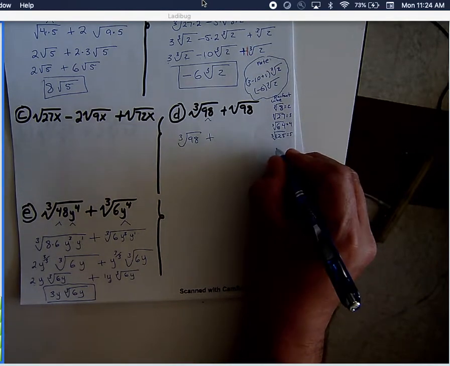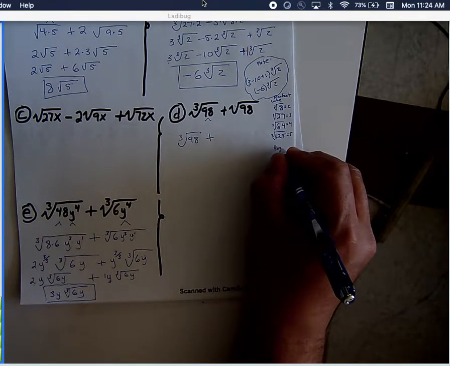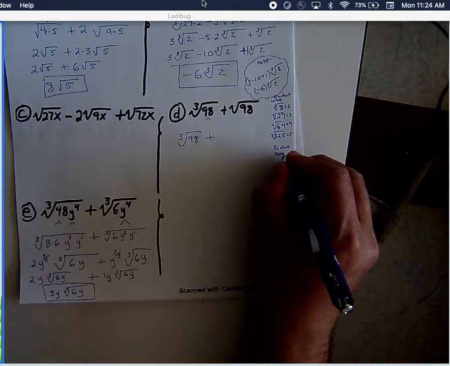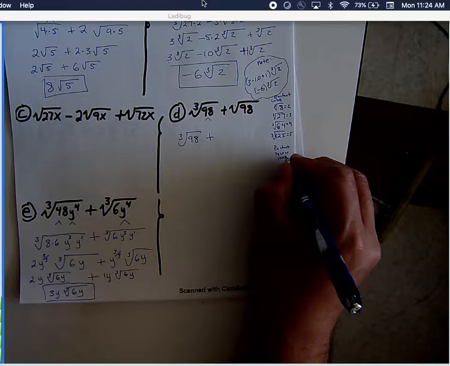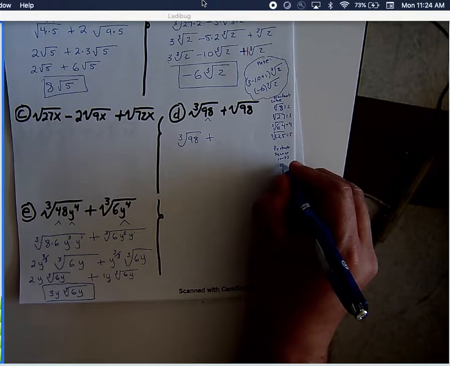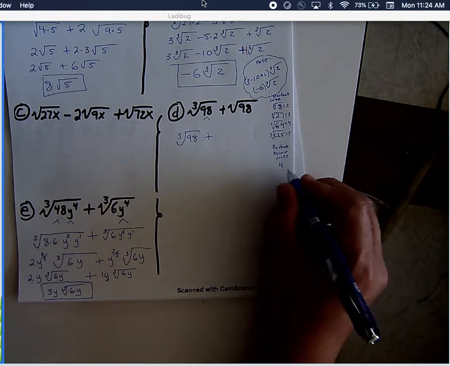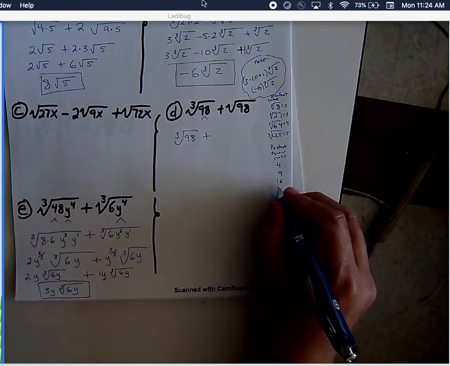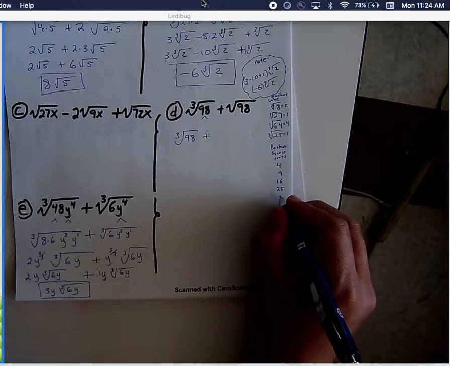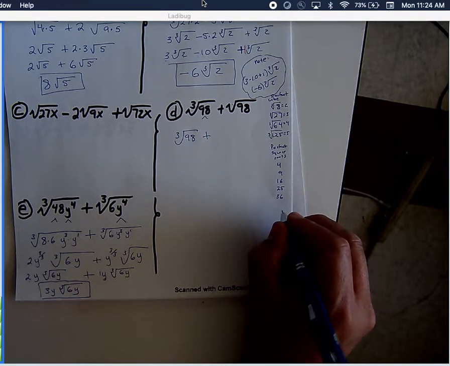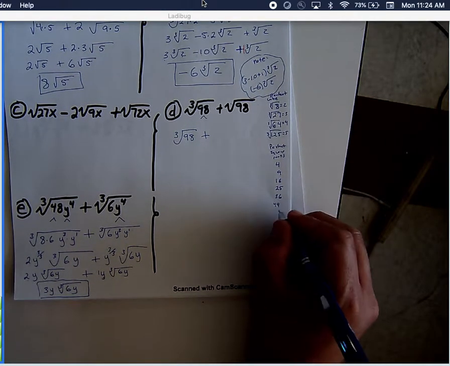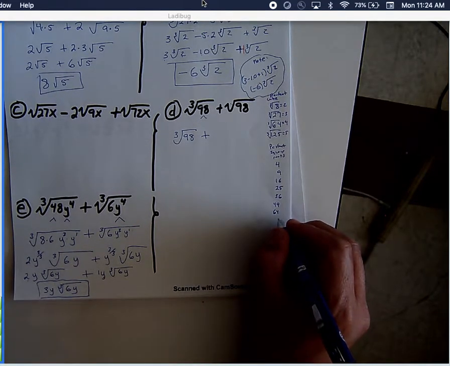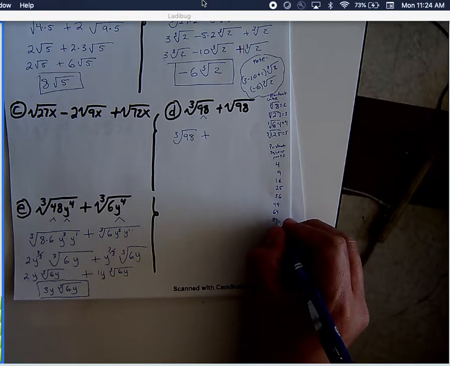Now the perfect squares, square roots. So you know those are 4, 2 times 2, 4, 3 times 3, 9, 4 times 4, 16, 5 times 5, 25, 6 times 6, 36, 7 times 7, 49, 8 times 8, 64, 9 times 9, 81.